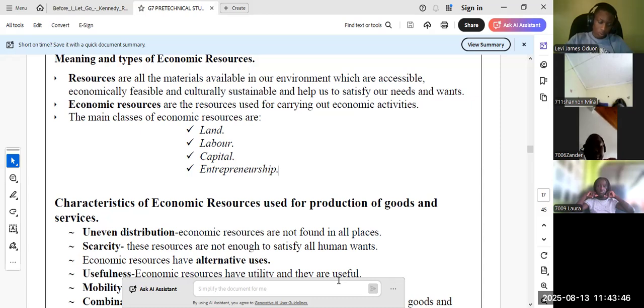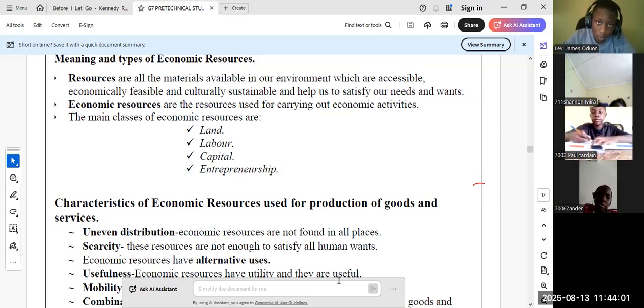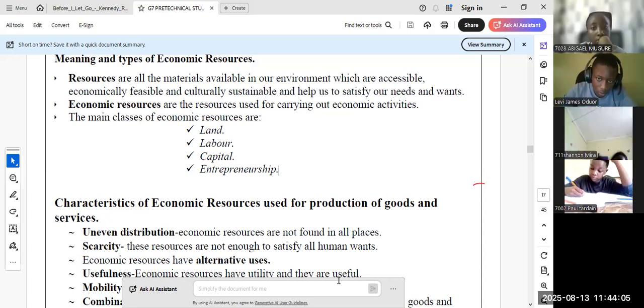Then we have the biggest, the largest. Which one is the largest county in Kenya? Yes, Nadine? Marsabit.